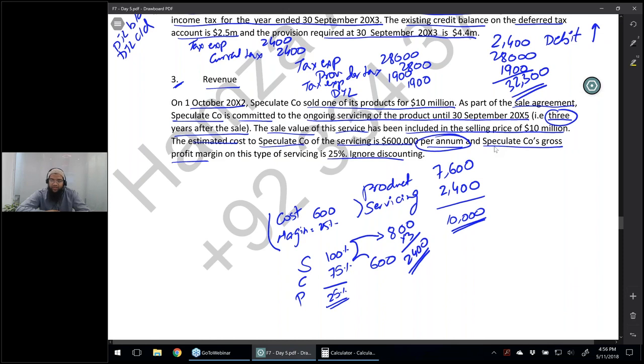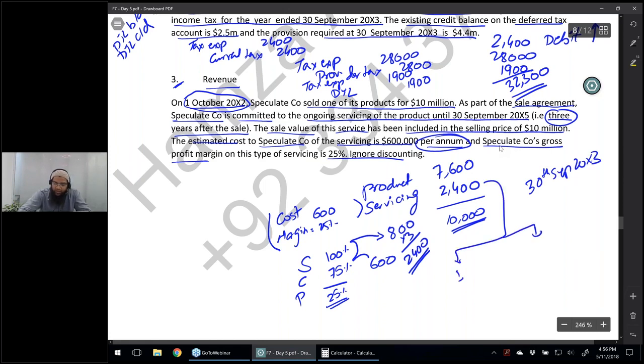So this is the breakup actually, and this was sold on 1st October 20x2, while our year end is 30th September 20x3. So it means that 1 year has passed by. So out of 2,400, the 1 year that has passed by, we can record the revenue for that, but the remaining amount of 2 years cannot be recorded as revenue.